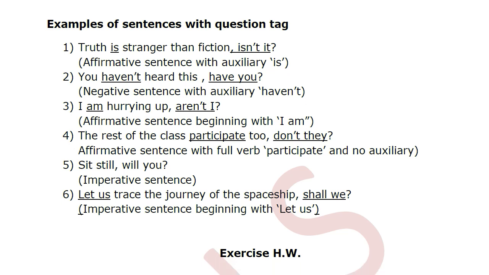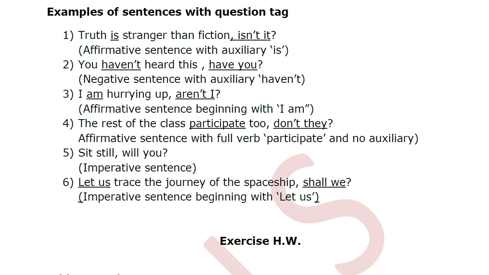Okay, moving on to the next page. Examples of sentences with question tag. Truth is stranger than fiction. Here this is positive, so the tag becomes negative. You haven't heard this, have you? Haven't is negative, so here the tag becomes positive. I am, so automatically aren't I? I'm hurrying up, aren't I? The rest of the class participate too, don't they?